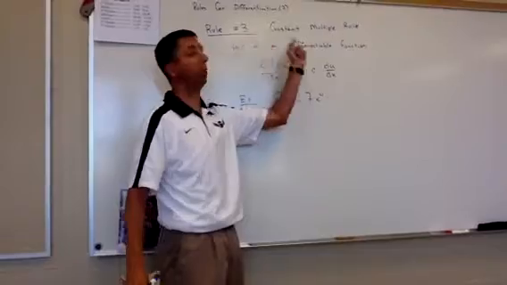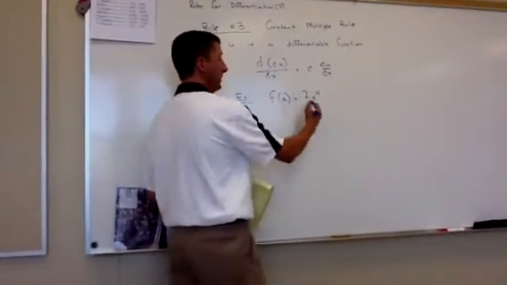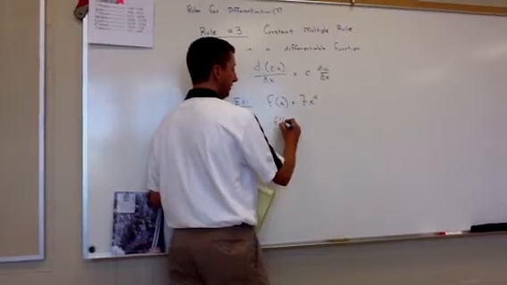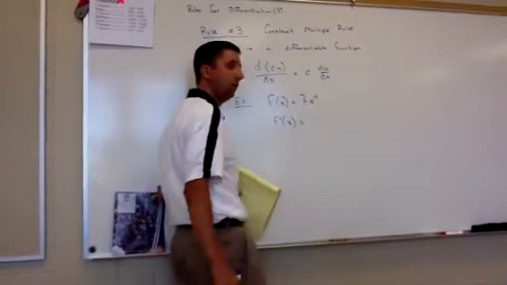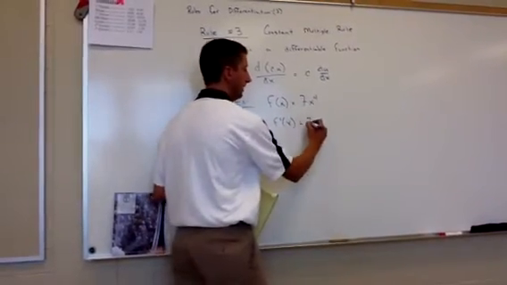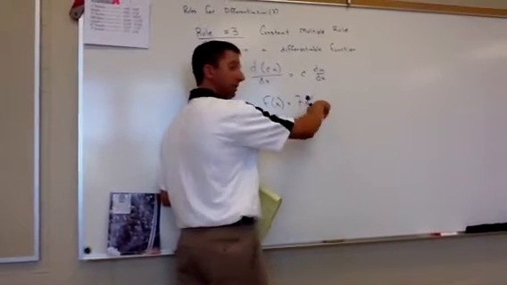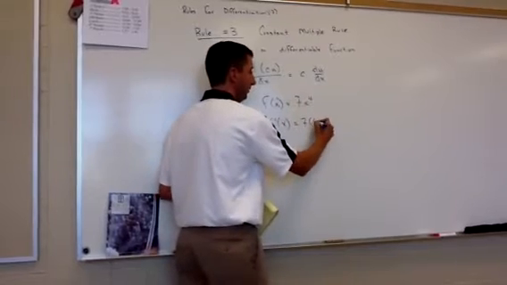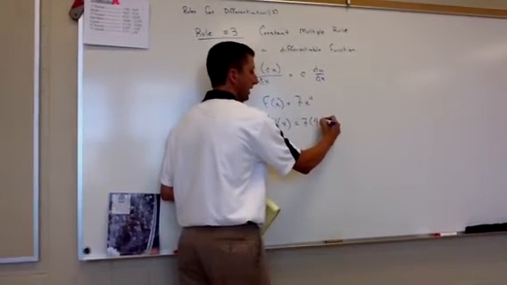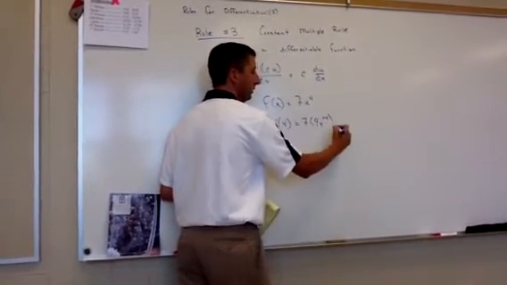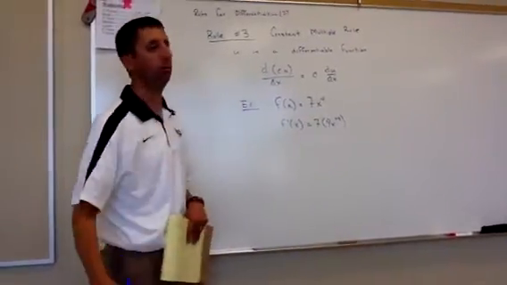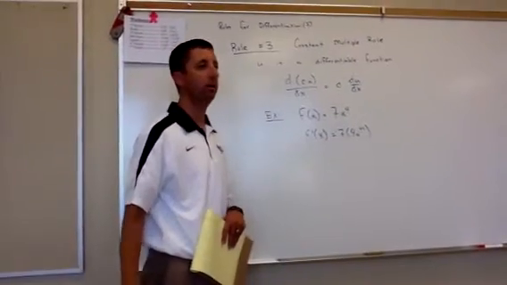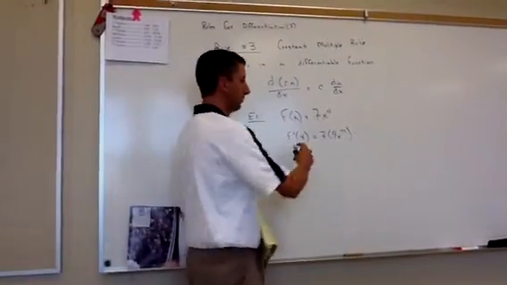So what this rule says is that the derivative is equal to 7 times, the derivative of this using the power rule now, is 4 times x raised to the 4 minus 1 power, which is 3.